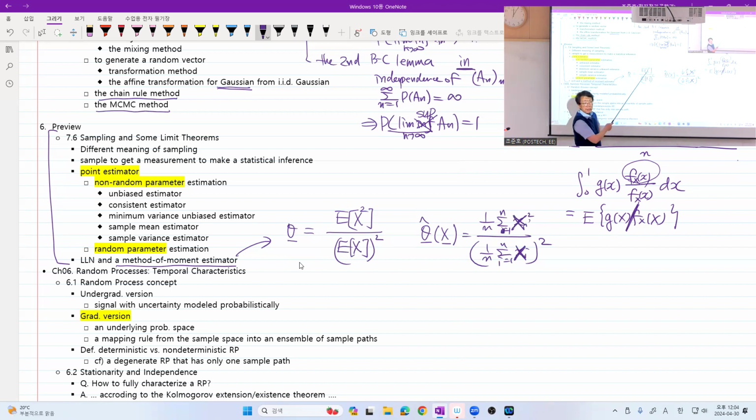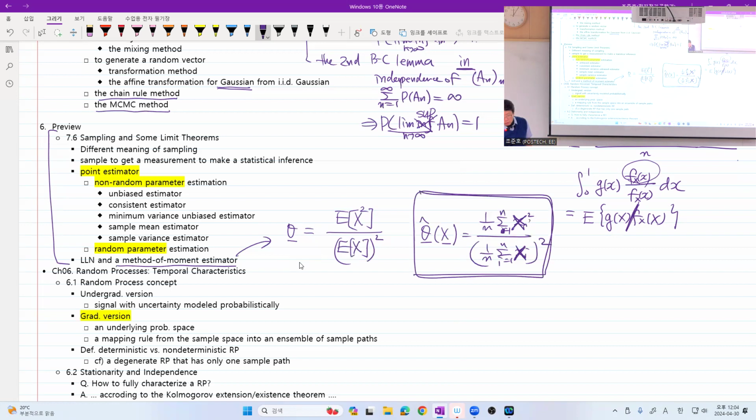It's the arithmetic average of x sub i squared. So you have it. Got it? So this is this simple estimator. This method of constructing an estimator is called the method of moments. So you use moments, relying on the law of large numbers.